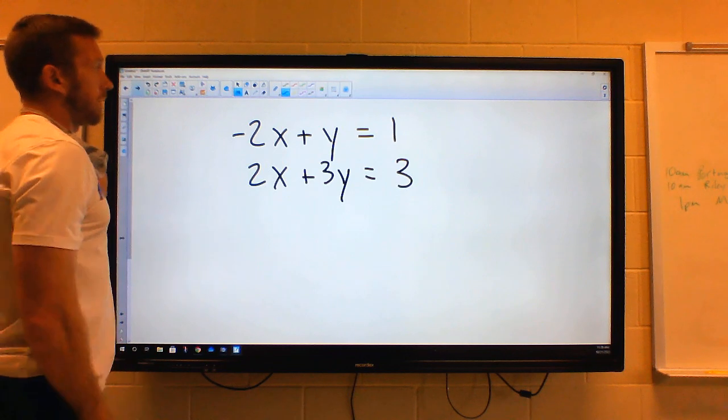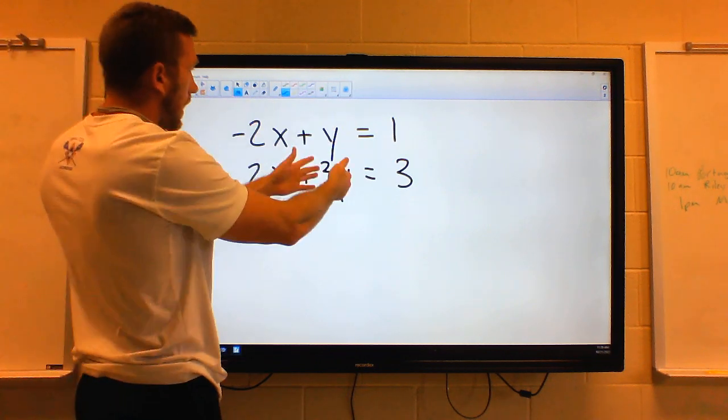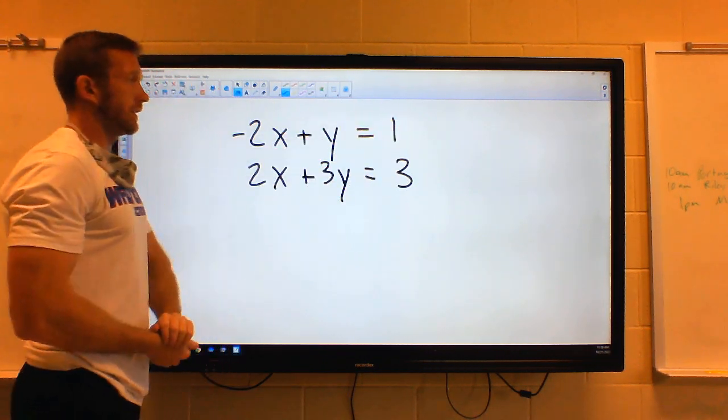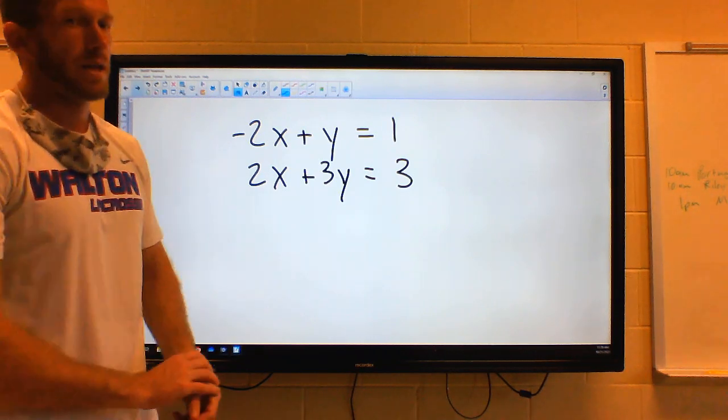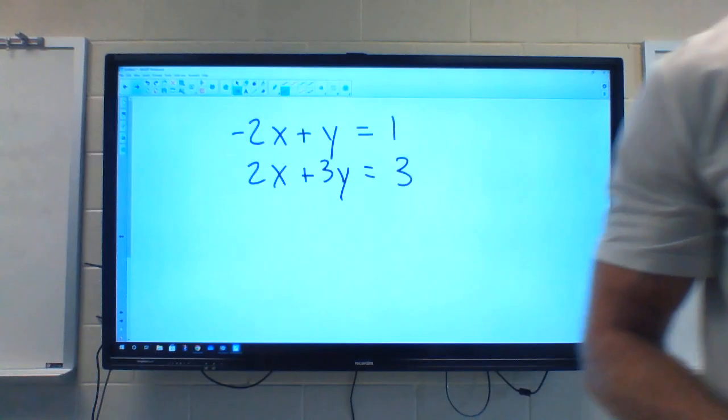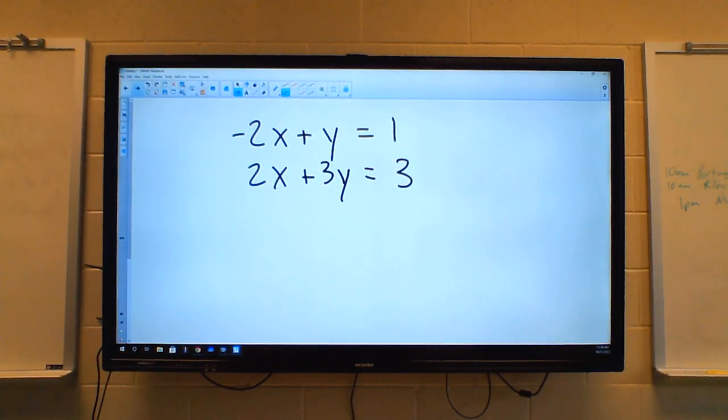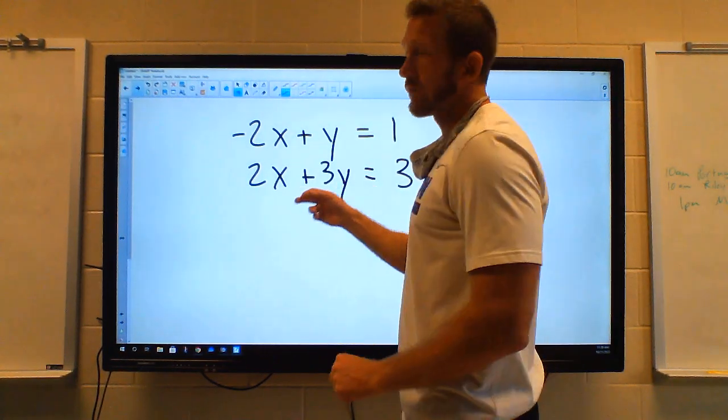If you look at our setup here, we've got x's, y's equals constants. I want you to identify which of our variables now has equal but opposite coefficients. Take a look. One of our variables has equal but opposite coefficients. Hold on one second.